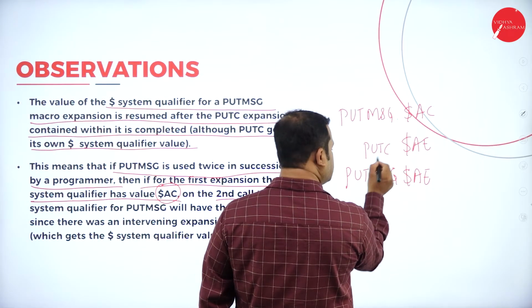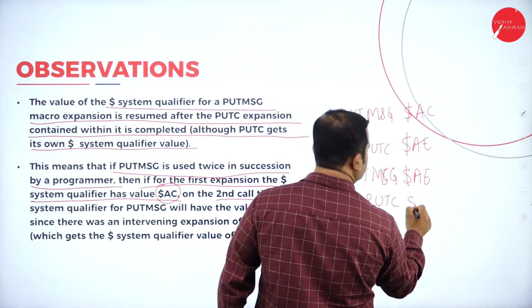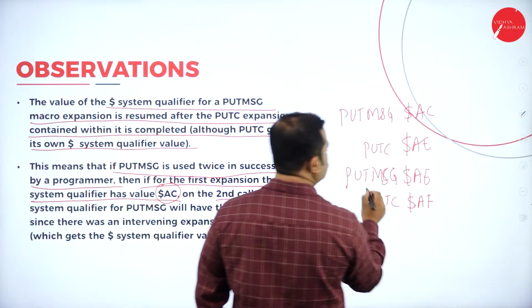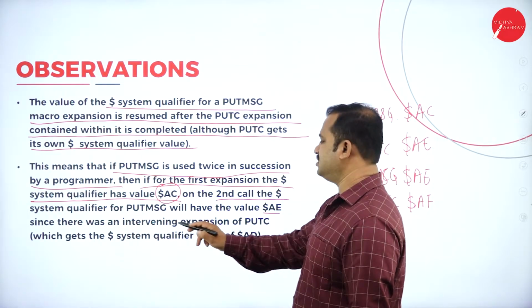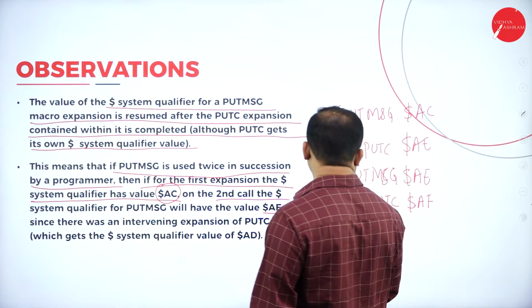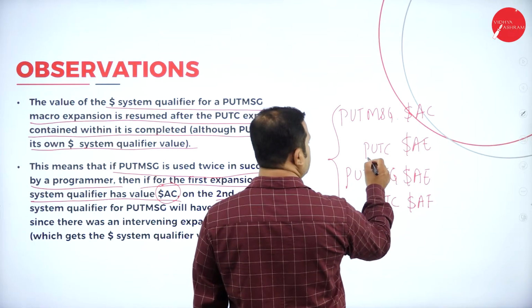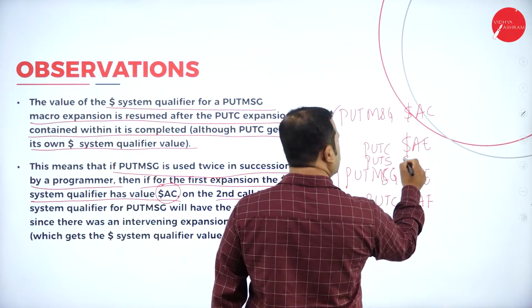Then PUTC becomes $AF. So this process will go on like this. So we have the system qualifiers according to that. Suppose I have one more PUTC, put yes here, then it becomes $AD.